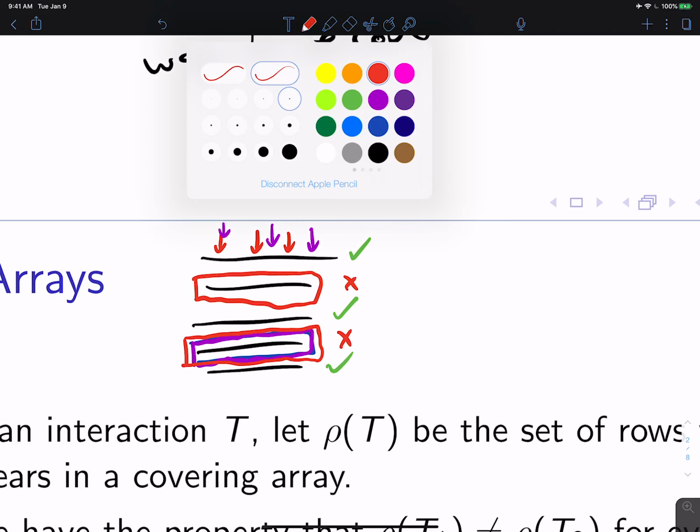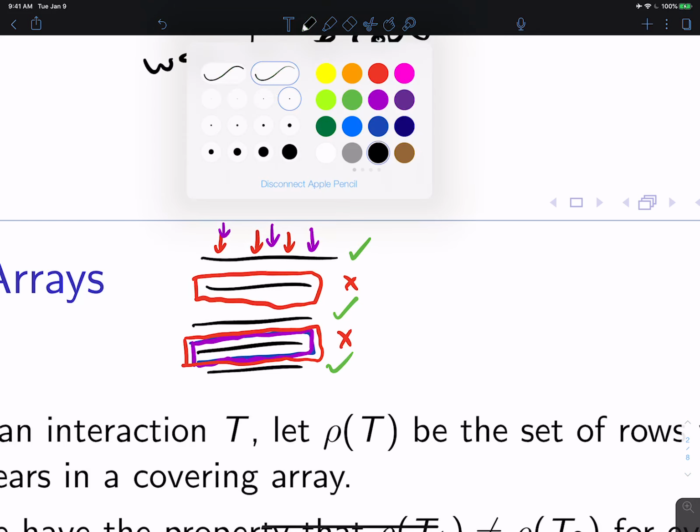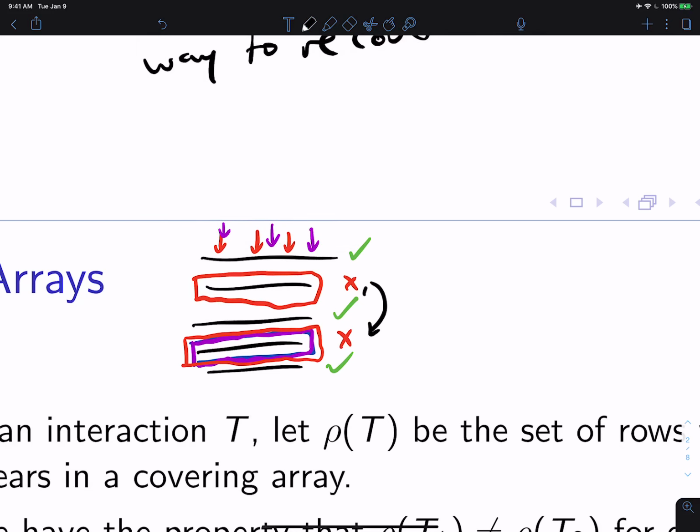Maybe I'll do this in black so it's easier to see. Because rows 2 and 4 failed, it can't possibly be the fault of the purple interaction because it only occurs in row 4.